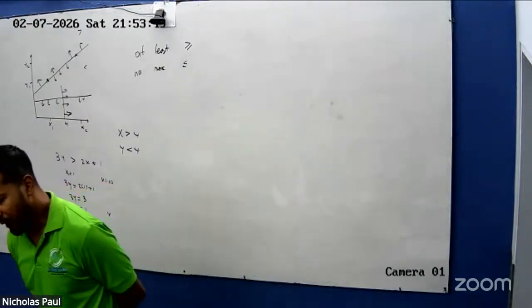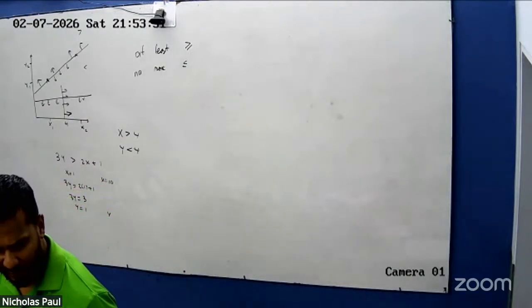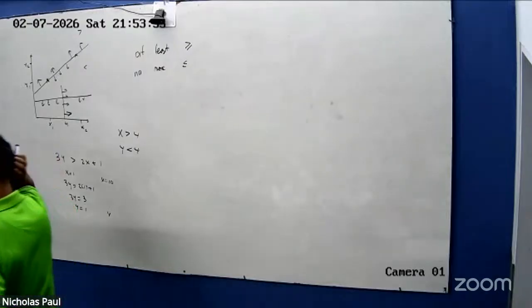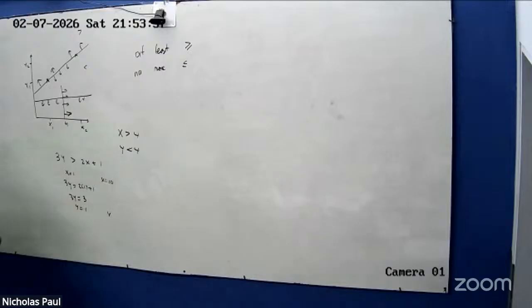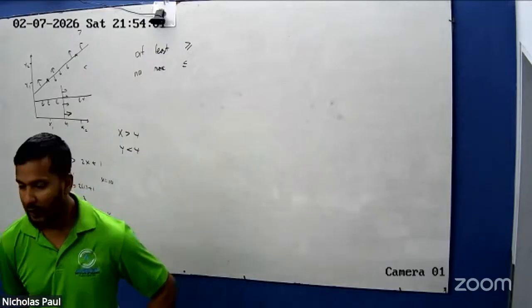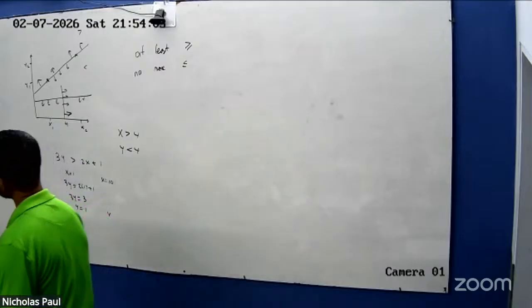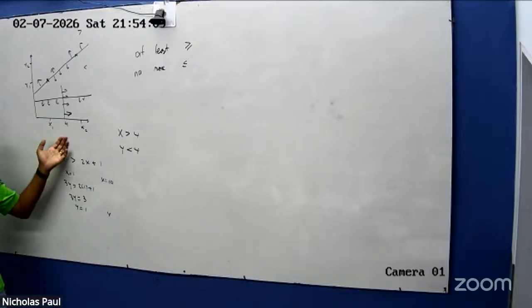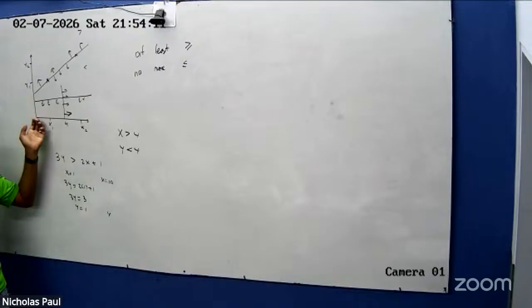Did I give you a subheading on the slide? No, just inequality. Subheading, linear programming. And the good thing is that they're going to give you a scale, so you don't have to figure out any scales in these questions.